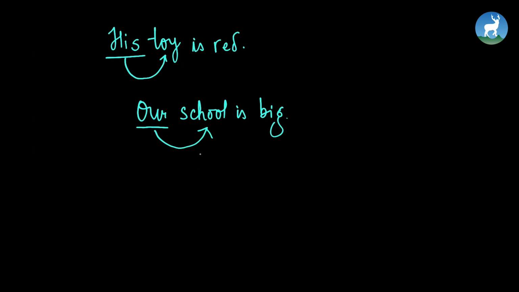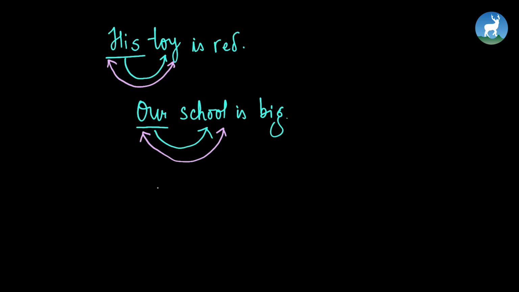For example, in the first sentence, the one who owns the toy is him, right? Likewise, in the second sentence, the ones who own the school are us. So, possessive adjectives change depending on who owns the thing.